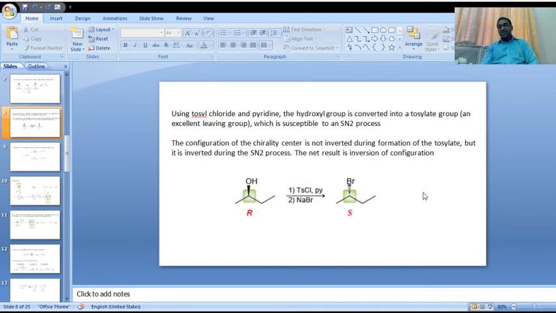But there is a change on attack of the nucleophile. On attack of the nucleophile, the inverted configuration is formed, that is the S configuration is the product. We are using an R configuration starting material to form an S configuration product. Is it clear, all of you? Okay.